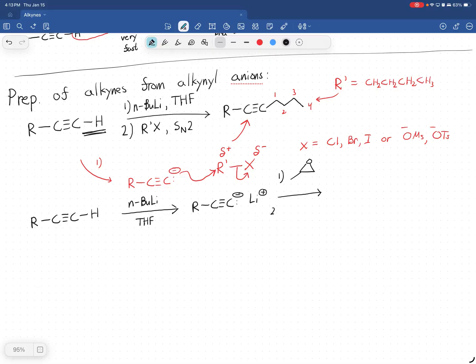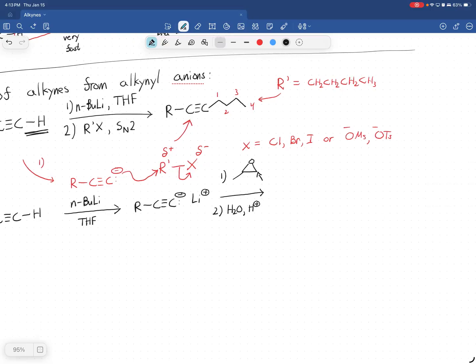Is it the least hindered side or the more hindered side? Yeah, the least hindered. Remember SN2 type chemistry, right? Good. So I'm going to attack the least hindered side, so I'm going to go right here. Okay, so I'm going to open the epoxide like that.